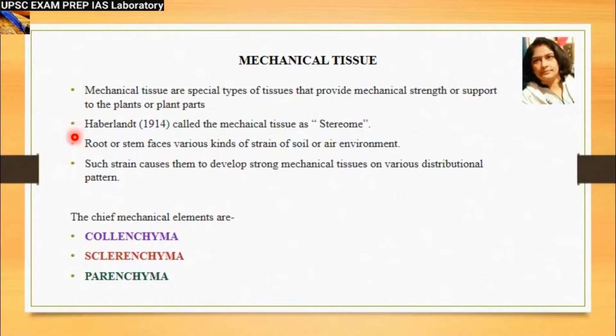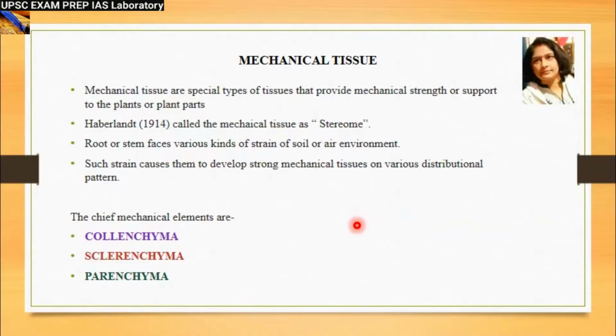Haberlandt in 1914 called the mechanical tissue a stereome. Root or stem faces various kinds of strain from the soil or air environment. Such strain causes them to develop strong mechanical tissue in various distribution patterns.